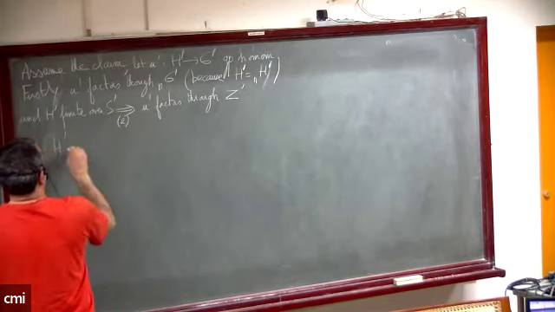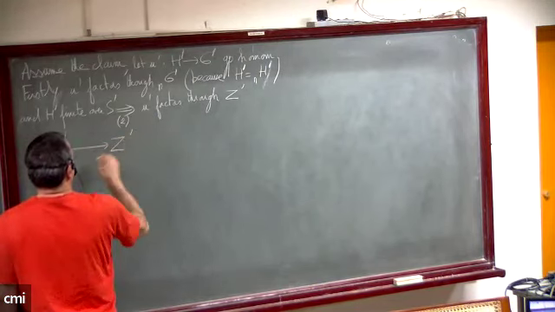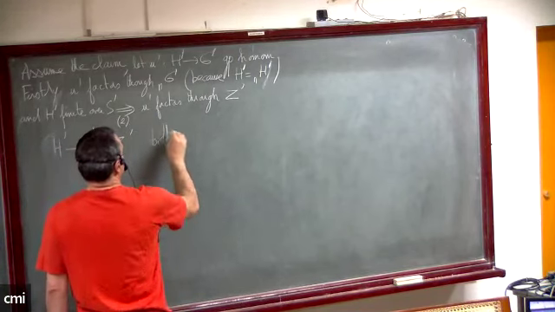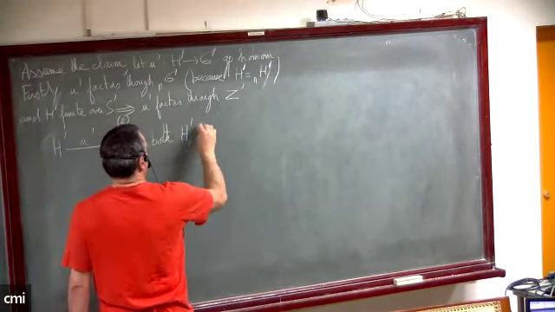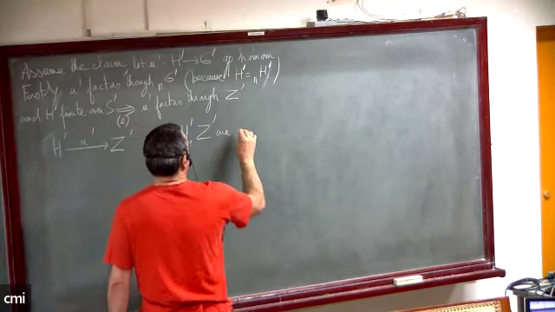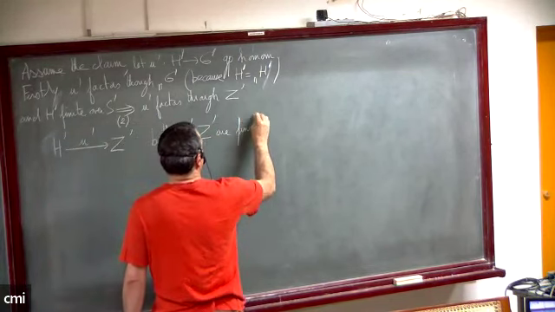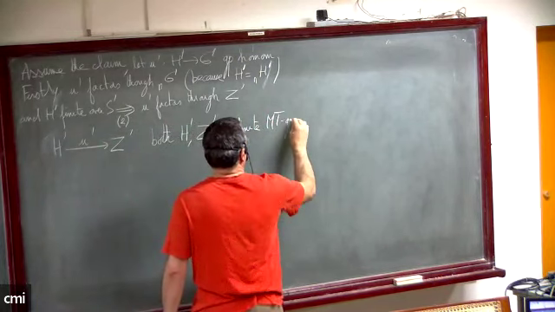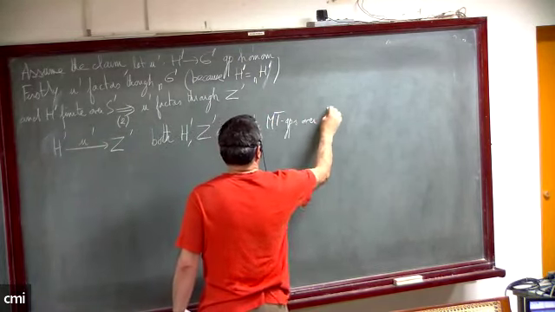And so we have H prime to Z prime, but now both H prime and Z prime are finite groups of multiplicative type over S prime.